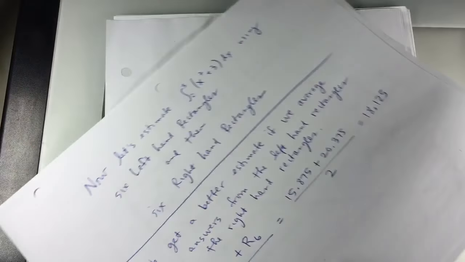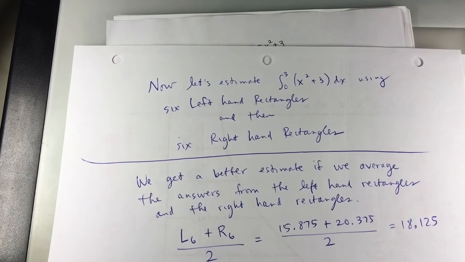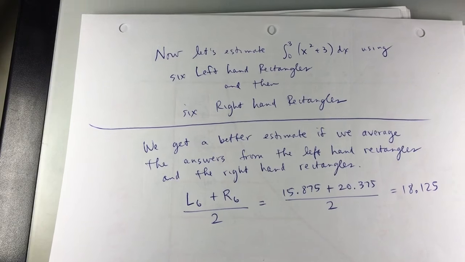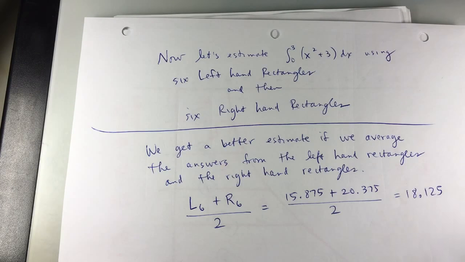After that, I talked about averaging the left hand answer with the right hand answer. And if you do that, you're actually doing the trapezoidal rule.